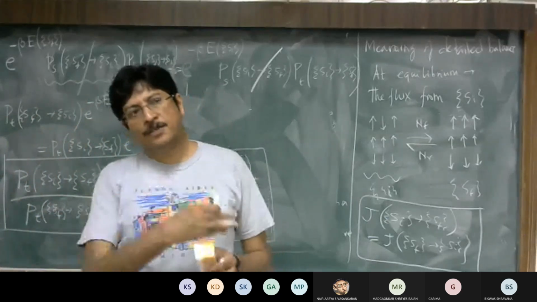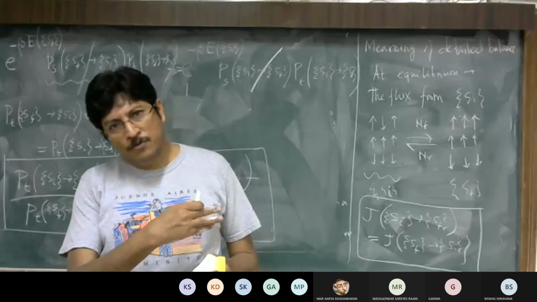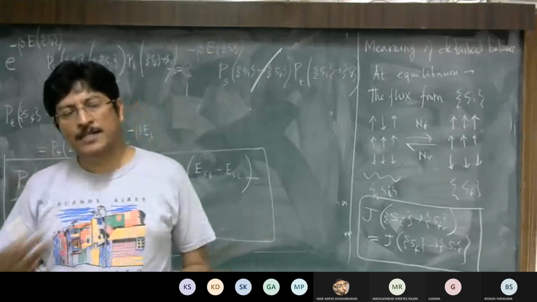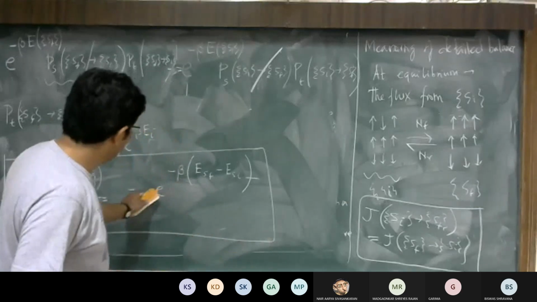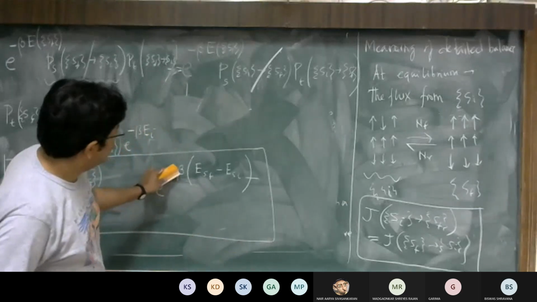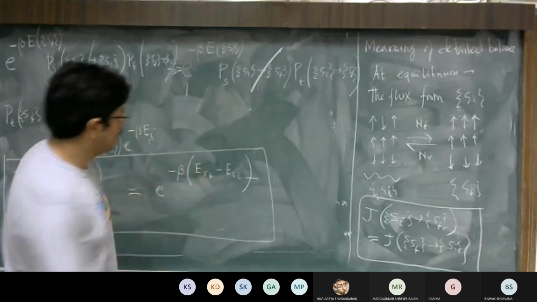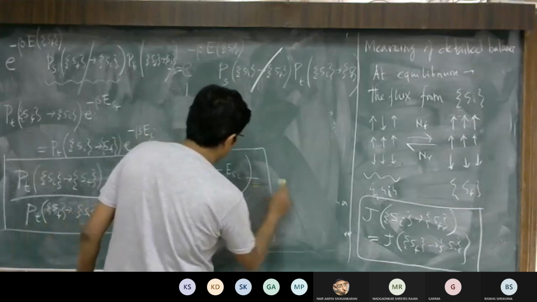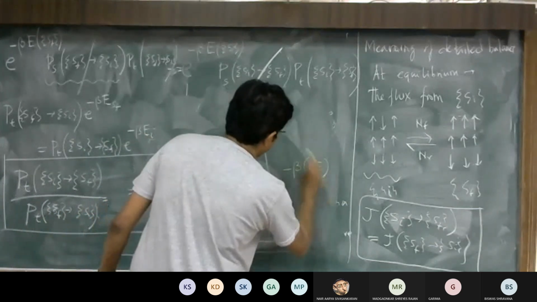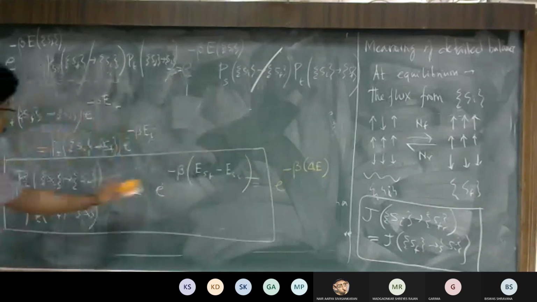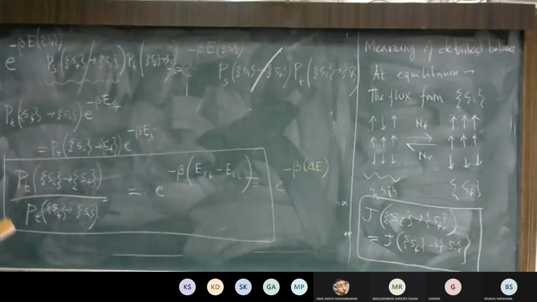If I take the ratio of the probability of the trial move from SI to SF and divide it by the probability of SF to SI, that should be equal to e to the power of minus beta (ESF minus ESI). This just follows from the condition of detailed balance.